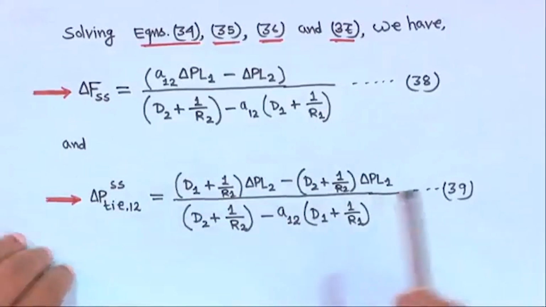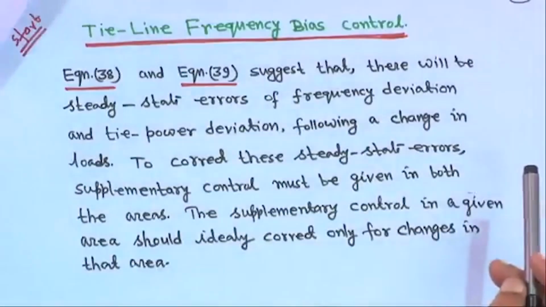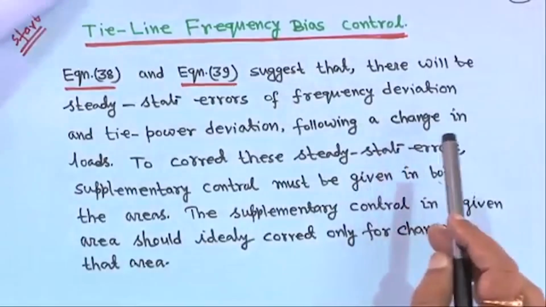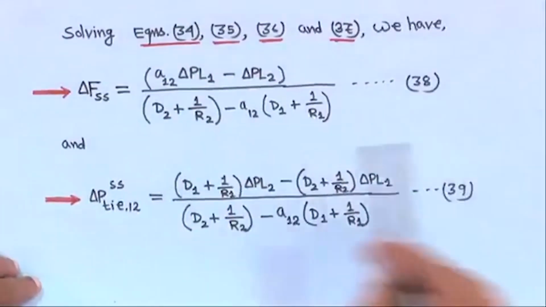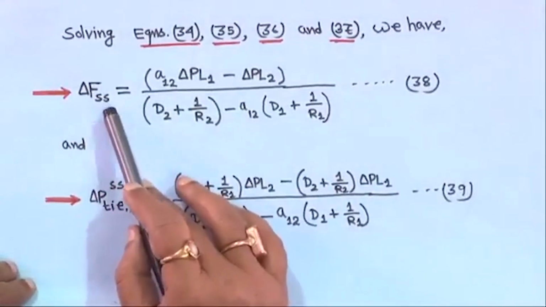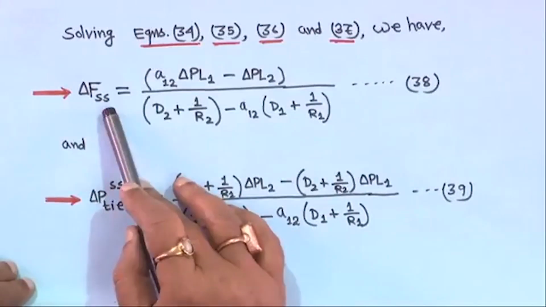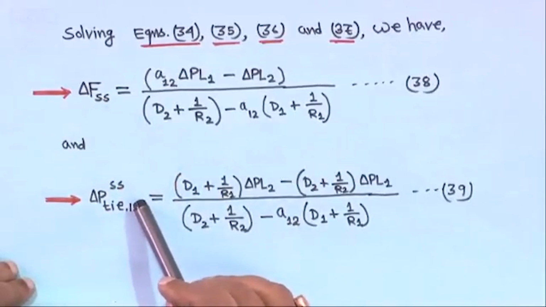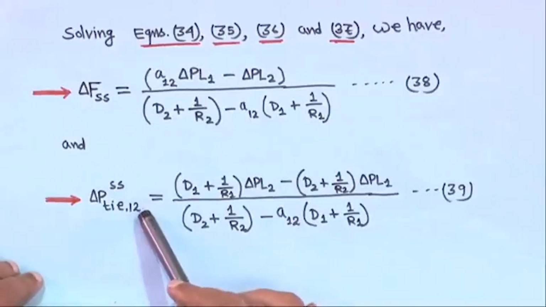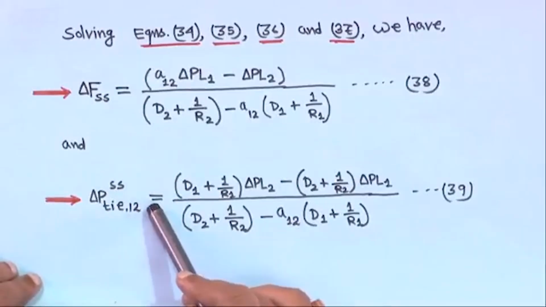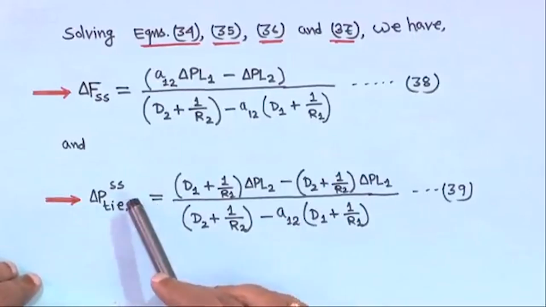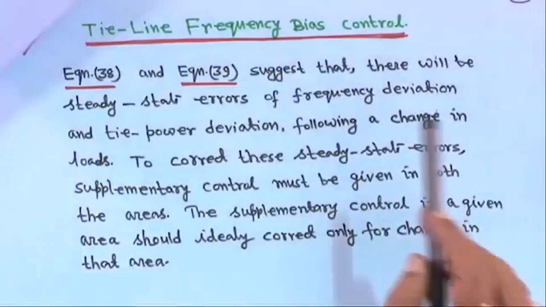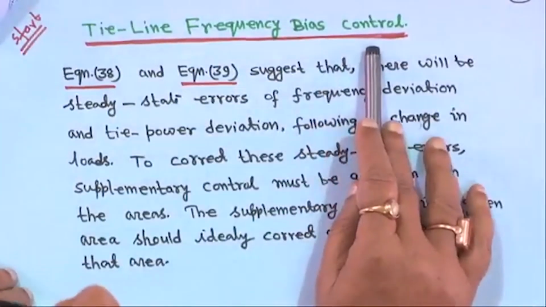In that case we have to bring the system frequency back to its nominal value, that means delta F SS has to be 0, and the tie power, which also has a steady state flow, has to be brought back to its scheduled power flow such that delta P tie 1 to 2 SS will be 0. Because of this reason we go for tie line frequency bias control.